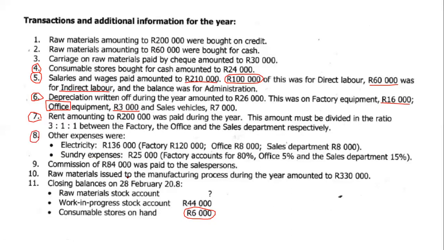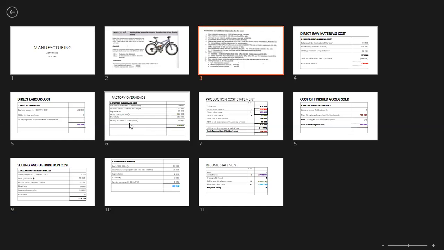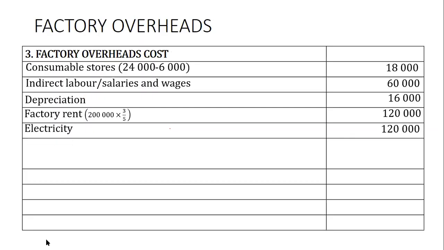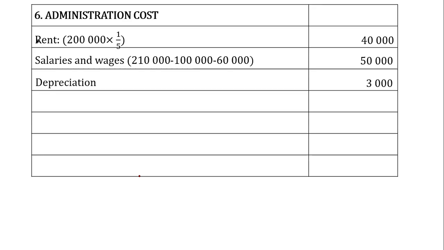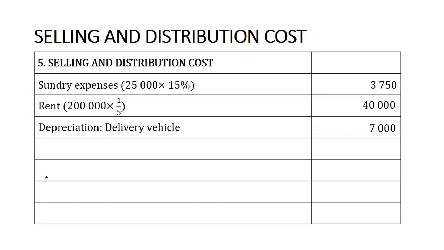Number 8 is electricity. 120,000 goes to factory overheads and 8,000 goes to admin, and the other amount goes to selling and distribution, and that will be 8,000. Perfect.